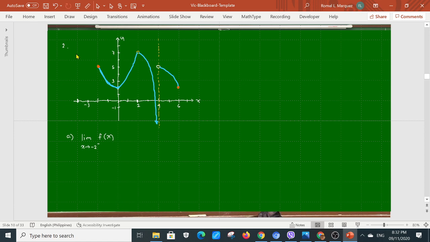Did it come from the left, children? No, therefore it does not exist, because there is no graph from the left. Letter B, limit as x approaches negative 2 from the right, children. From the right, positive 5.